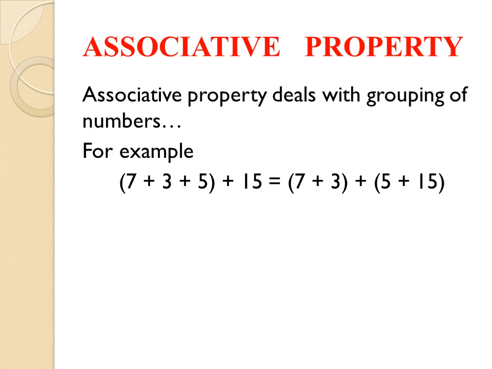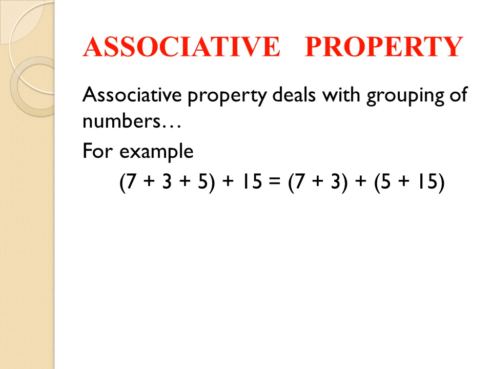So on the right hand side, we see two brackets or two groups. One is 7 plus 3. The second group is 5 plus 15. So what do we understand, children? We understand that when you group the numbers in a different way, your answer should not change.